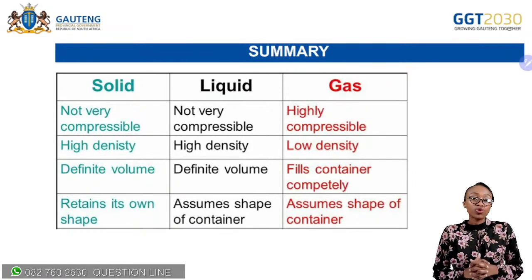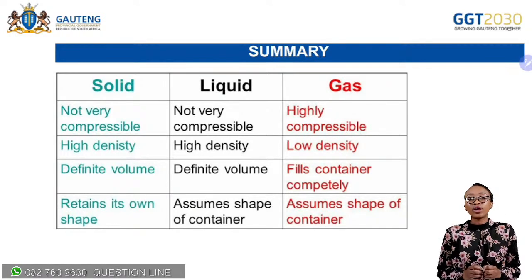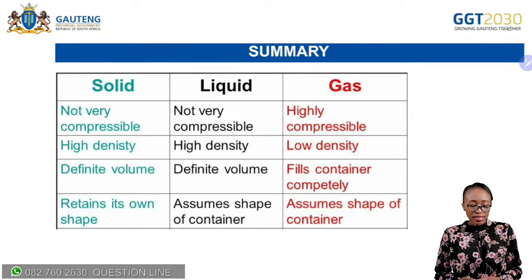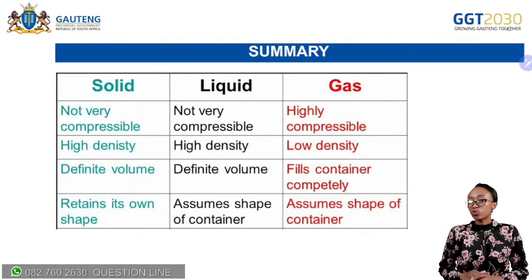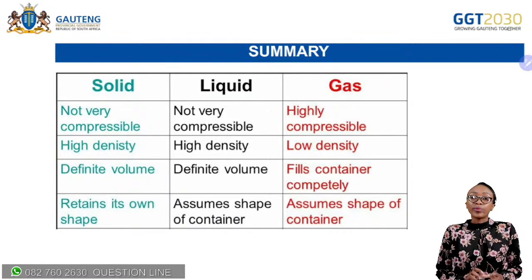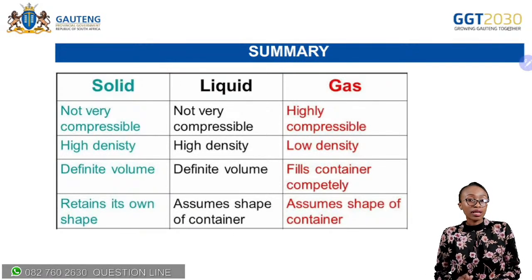And then when we talk about density, solids generally have the highest density because of the way their particles are tightly packed. They have a larger number of particles in the same volume, and they have a larger mass in the same volume. Liquids also have a high density in comparison to gases because they have a larger number of particles in comparison with the gas.